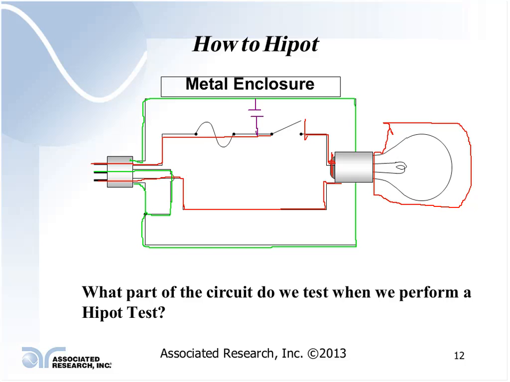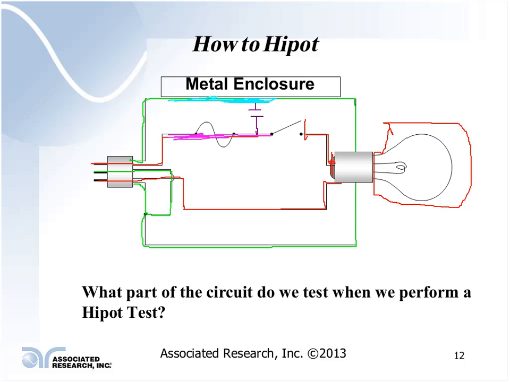You have the hot conductor, which is now energized from my Hipot, and the enclosure of the product is basically connected to earth ground. There is capacitance between these two circuits that will allow leakage current to flow back to earth, or through the product or through the person that may be contacting it if it doesn't have an adequate ground.